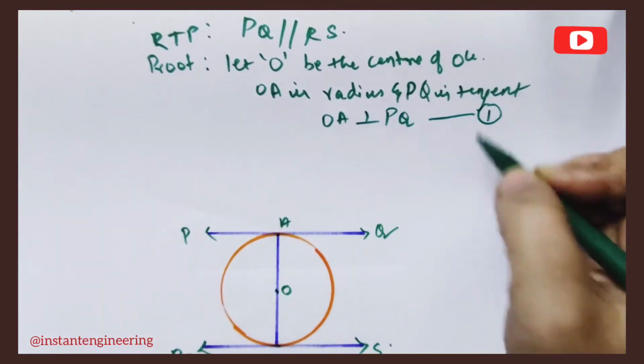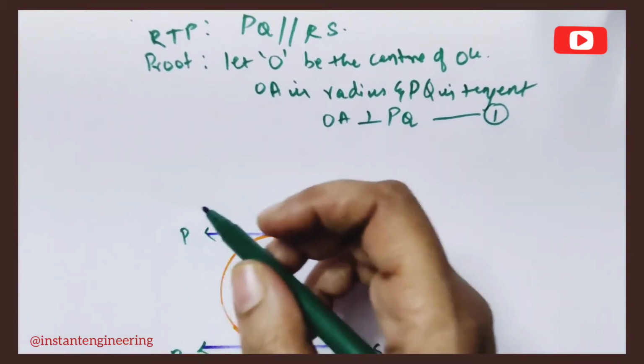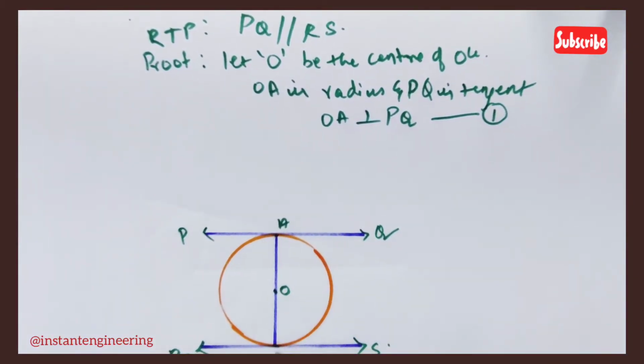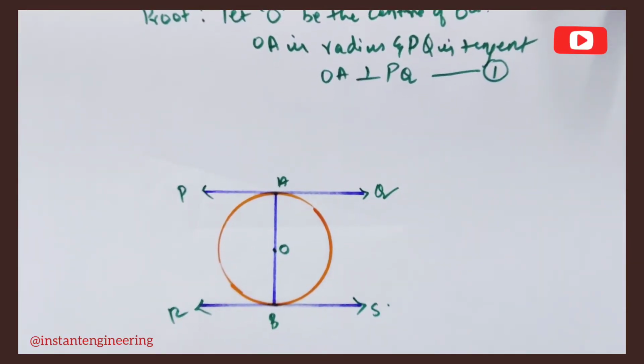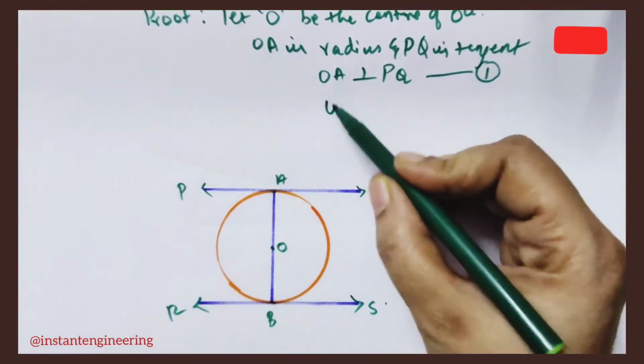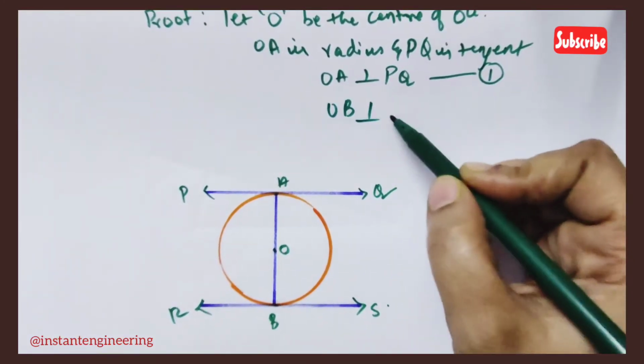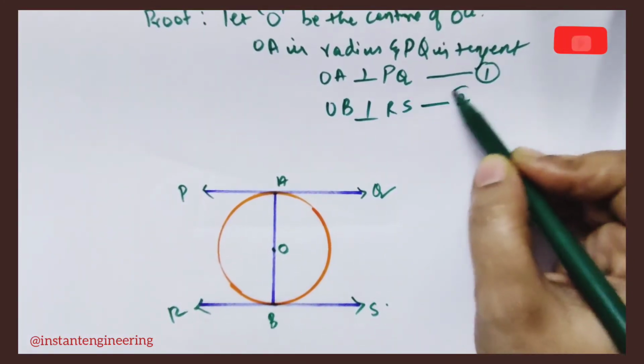This is the first condition. Similarly, OB is the radius and RS is the tangent, so OB is perpendicular to RS. This is the second condition.